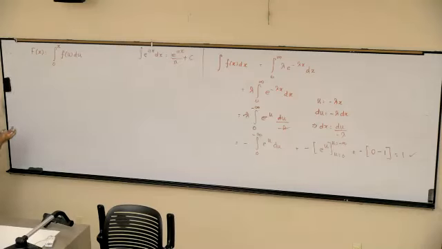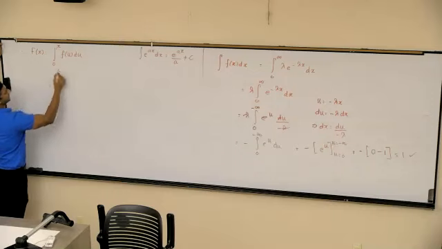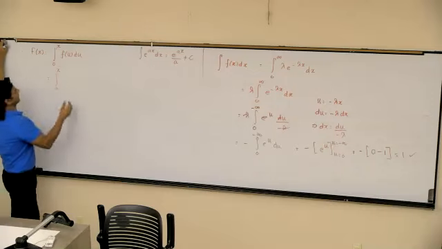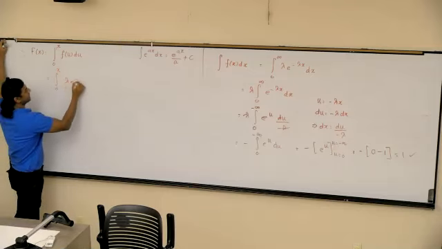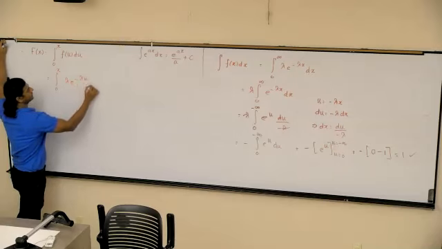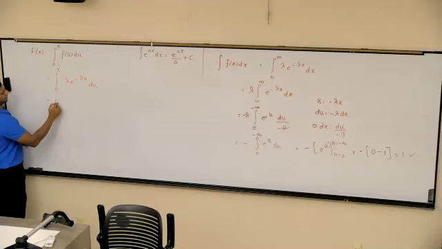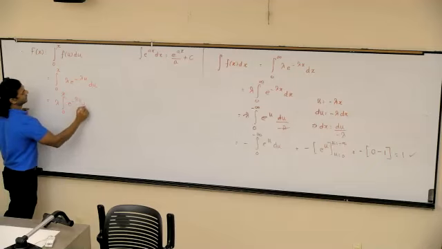Okay, so integral 0 to x, u is just a dummy variable, you can call it a if you want. So the density is lambda e raised minus lambda u du. Lambda is a constant, integral 0 to x, e raised minus lambda u du.